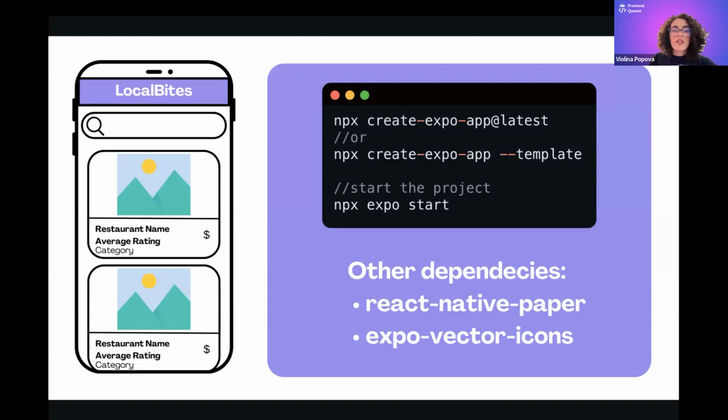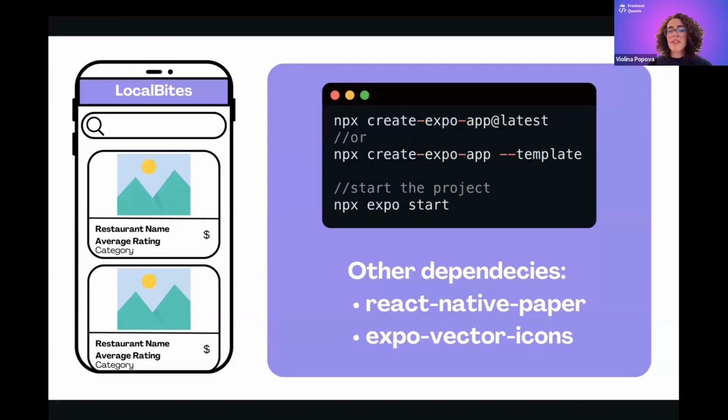The first thing in order to start building the mobile app is to create the project, and there are two ways to create an Expo managed React Native project. The first command, npx create-expo-app@latest, will create a project which will have the latest features from Expo, and it will also have support for Expo Router, which is pretty similar to the Next routing system.